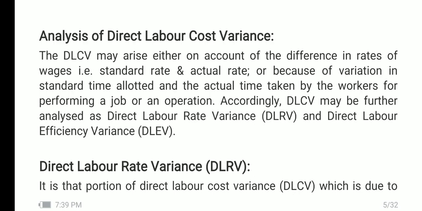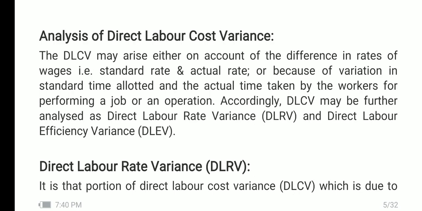One factor is the difference in rate, standard rate and actual wage rate paid, or another reason is difference in time, standard time fixed for the job or an operation and actual time taken. So, either due to the rate difference or due to time difference or due to both, there can be variation in direct labor cost.